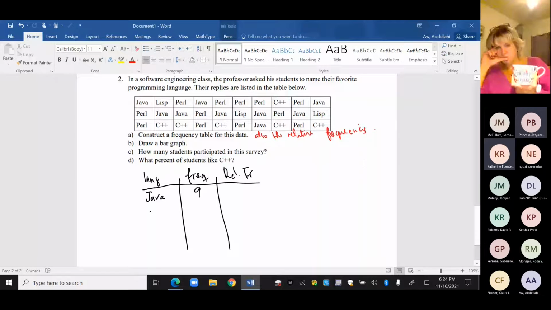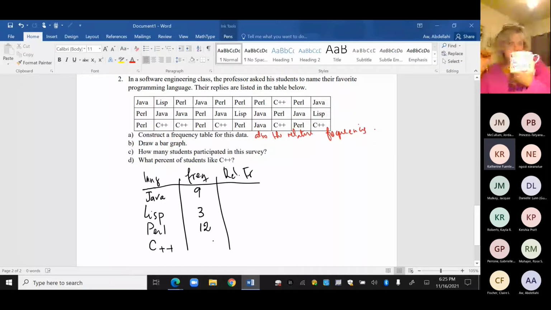And how many times do we have Lisp? 3 times. And then Perl? 12. Sorry, I counted 11. 12 or 11? 12. And then C++? 6. Yeah, that's true.